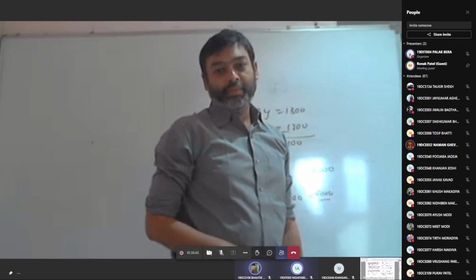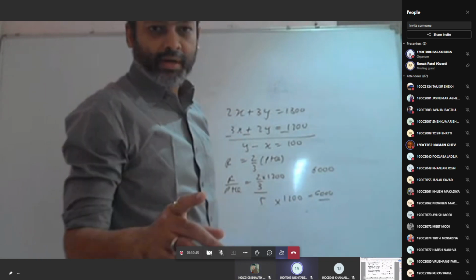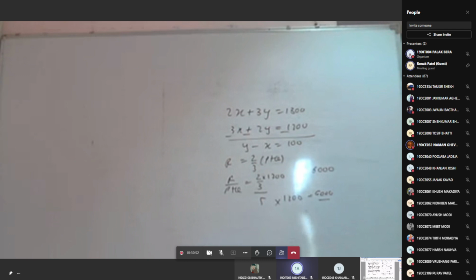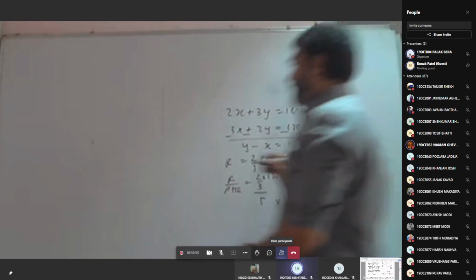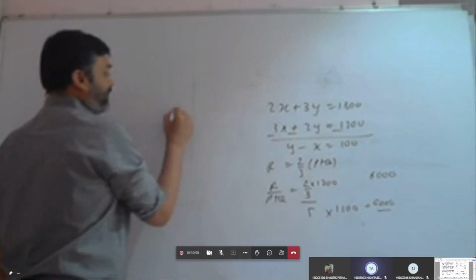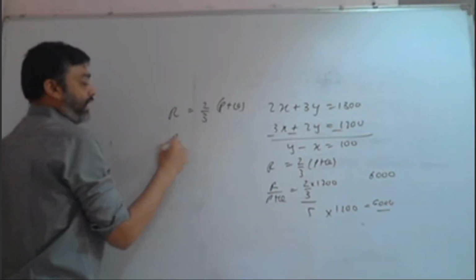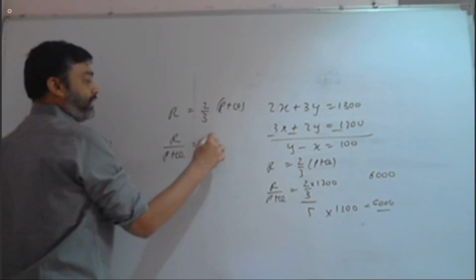Just 1 minute. For 6, P, Q, R have 6,000 among themselves, right? Clear? R is having what? Can you see the screen parallelly? R is having 2/3 of what P and Q have. So the ratio R upon P plus Q is 2:3.